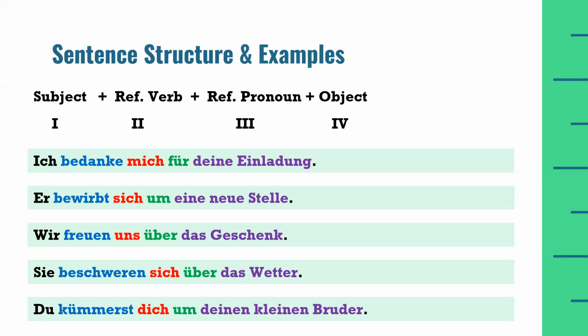Then comes again an accusative preposition and the next part of the sentence has a noun, Bruder, which is a masculine noun. Therefore, we have to use the possessive pronoun ending for dein from the accusative case, because we have an accusative preposition, and we have to use the adjective ending for a masculine noun in the accusative case for the adjective klein, and it becomes kleinen. So this is something that we have already learned.